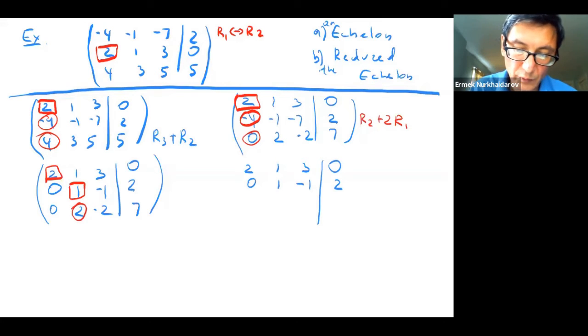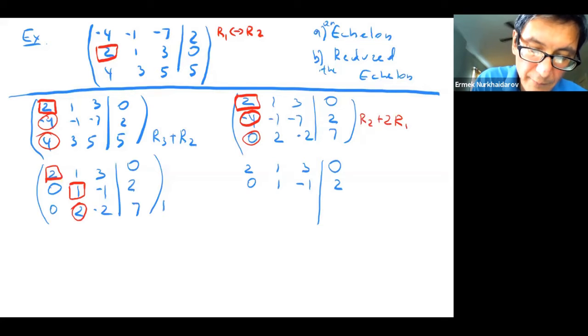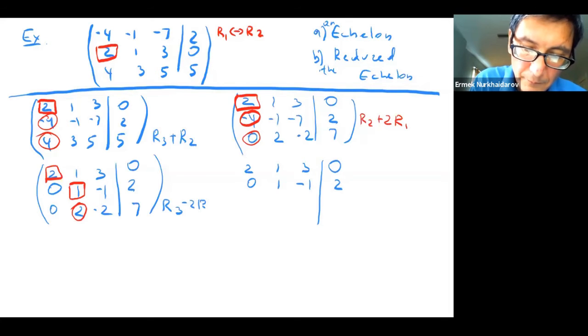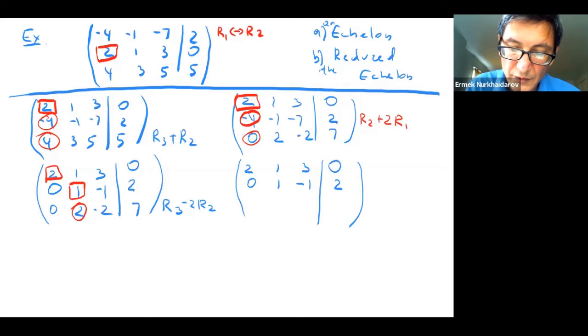So what we'll do is row 3. We have 2 which will become 0, and we have 1 as a pivot, so row 3 minus 2 times row 2. 0 minus 0 is 0. 2 minus 2 is 0. -2 minus 2 times -1: -2 plus 2 is 0. 7 minus 4 is 3.